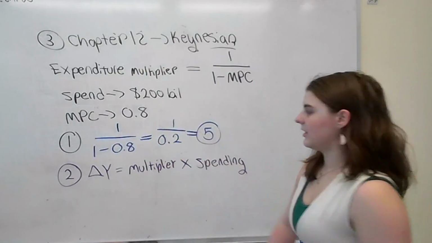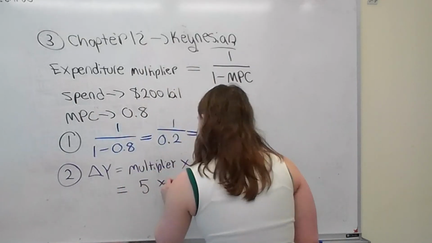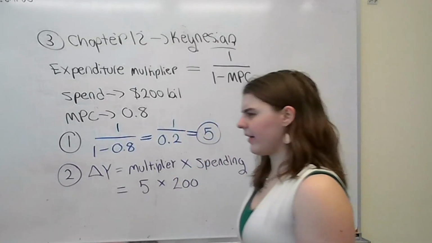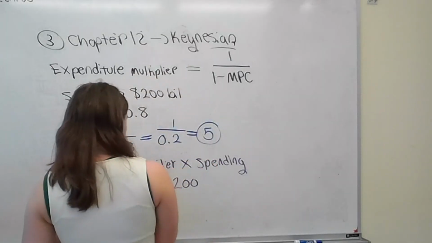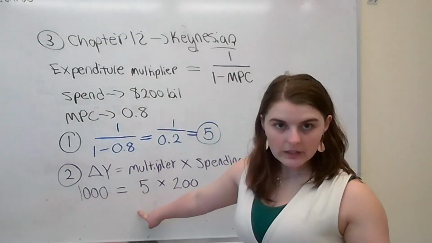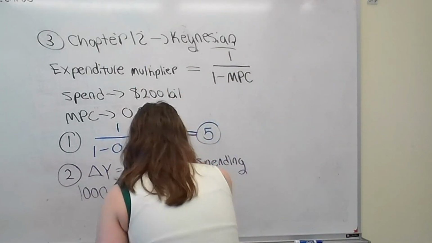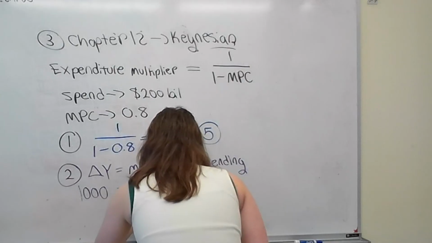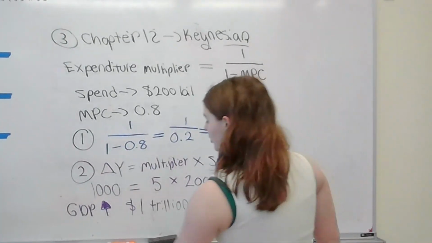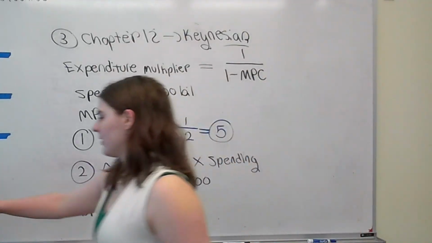In this case, we have 5 times the $200 billion. What does that mean? Well, 5 times 200 is 1,000. $1,000 billion is really just 1 trillion. So that means that GDP increased by $1 trillion from that spending.